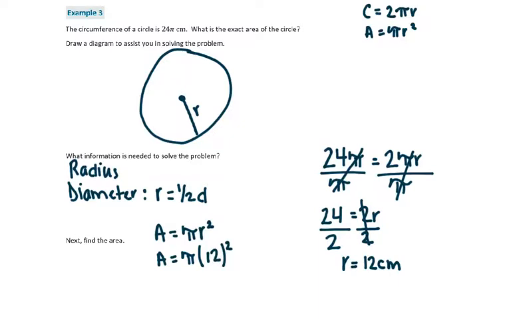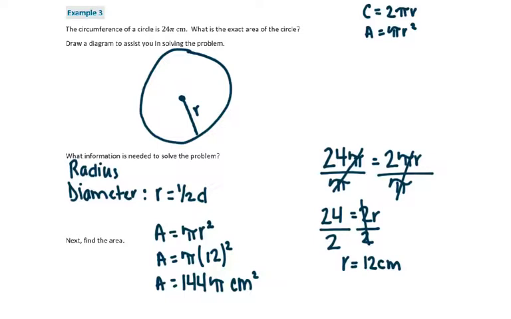So now I can write the area of my circle in 2 ways. I can simply write it as area equals, well, 12 times 12, which is 12 squared, is 144. So area equals 144 pi. And I could stop there and add my centimeters squared. And that is perfectly acceptable for the area of my circle.